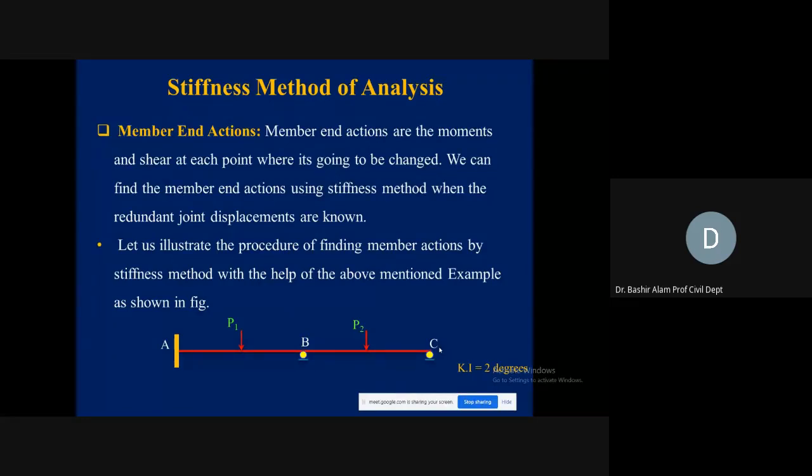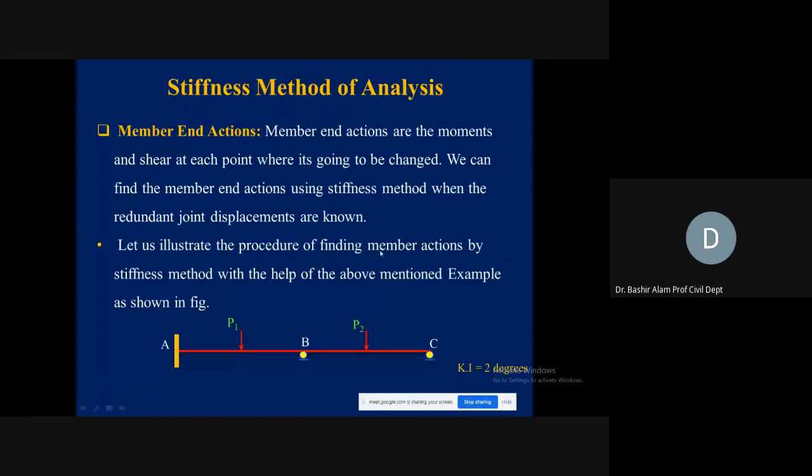Member end actions are the moments or shears at each point where they change. We can find the member end actions using the stiffness method when the redundant joint displacements are known. After finding the redundant joint displacements, you are in a position to find these member end actions.